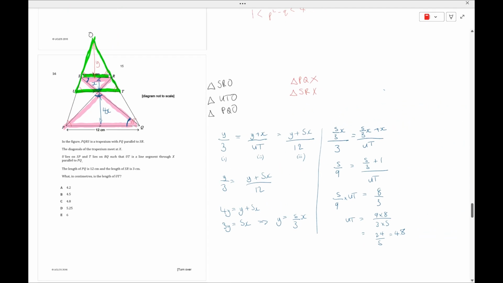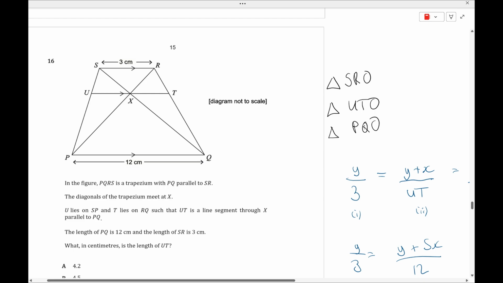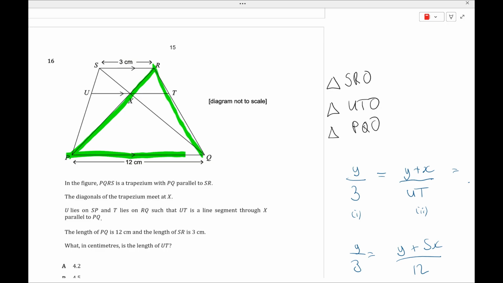But actually, when I went back, there's definitely a better way of doing it than that. Because of the y and the x and the UT, I've essentially got three variables in there. So what I then said was, we've also got similar triangles: PRQ is similar to RTU. Those two triangles are similar again because of the alternate angles, so we've got that equals that, that equals that.